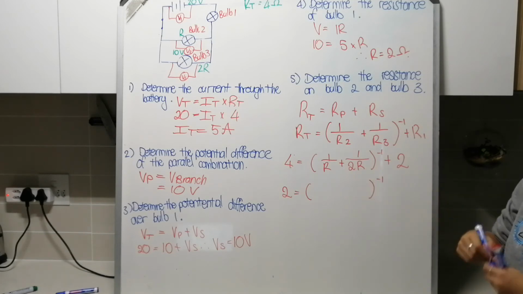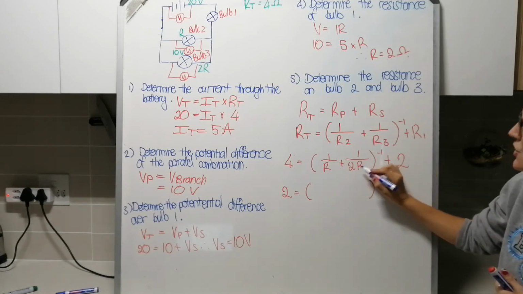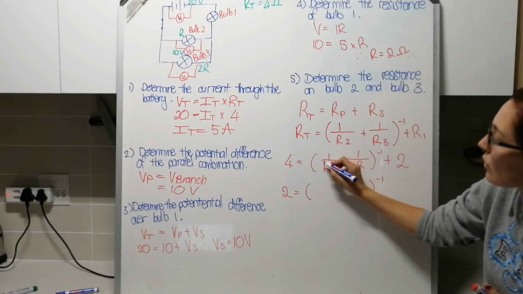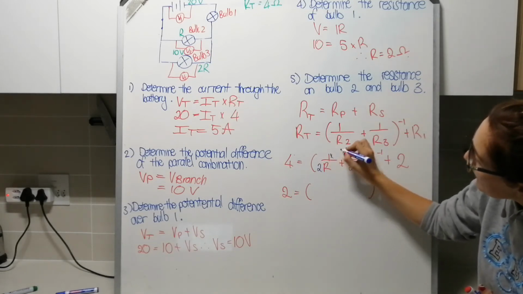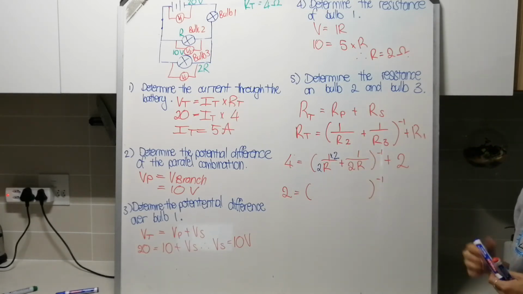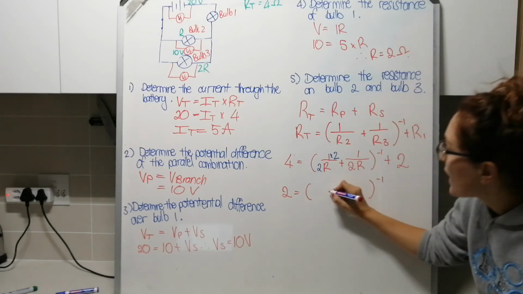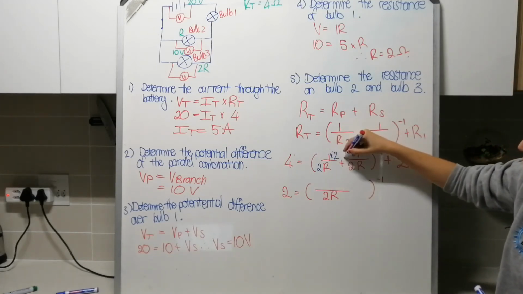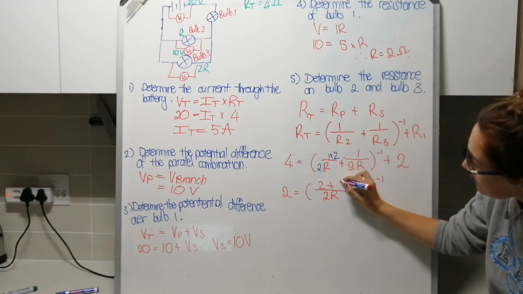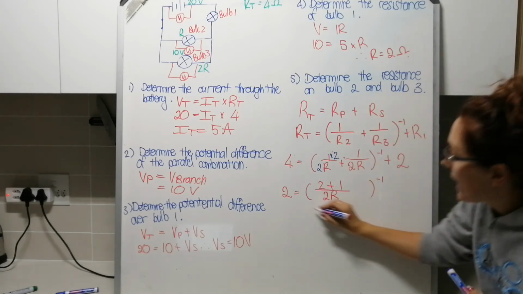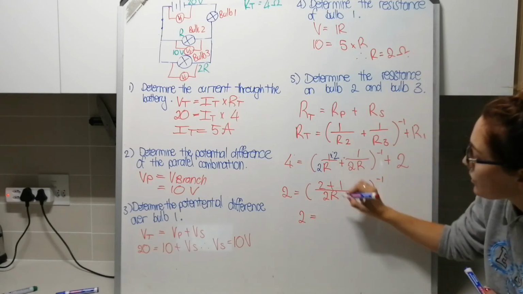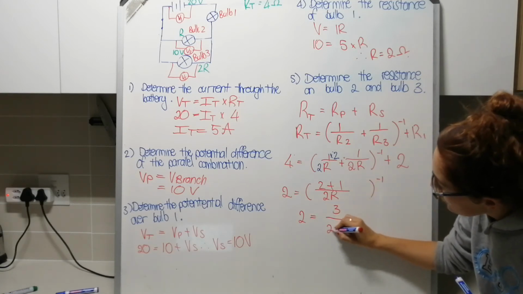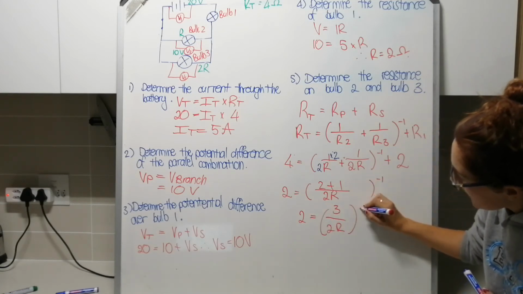So to get these to both have a denominator of 2R, I need to multiply by 2 at the top and the bottom of that fraction. So then I'm going to have 2R at the bottom, and at the top, 2 plus 1. Okay, so let's go ahead and add those. That means 2 is equal to 3 over 2R to the minus 1.